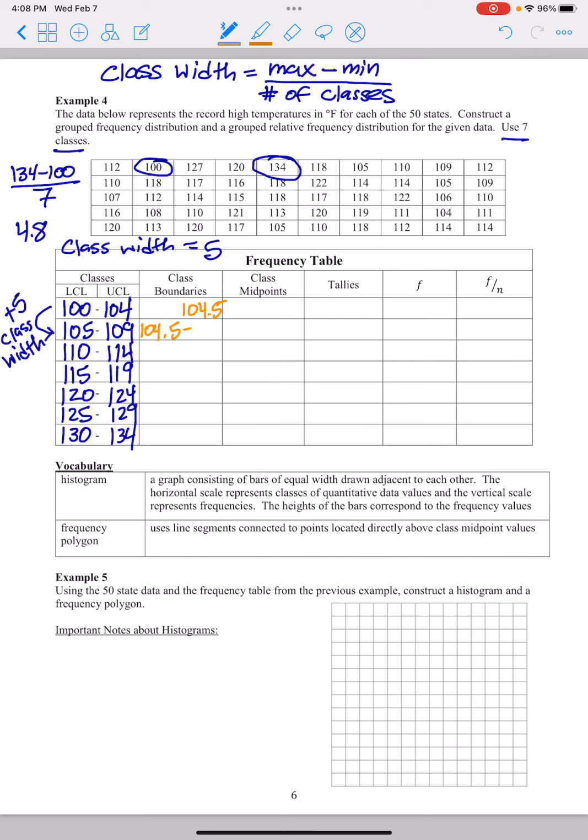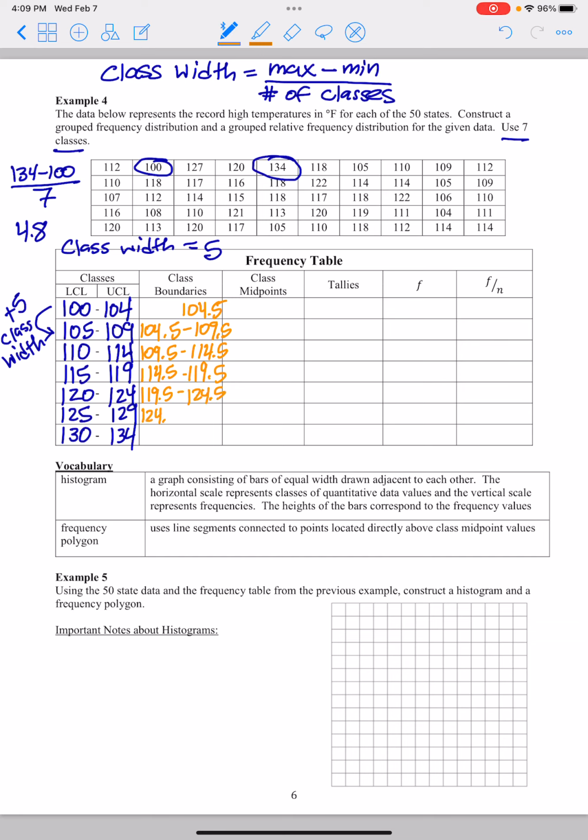And the upper one will be 109.5. And then 109.5 to 114.5. And 114.5 to 119.5. 119.5 to 124.5.